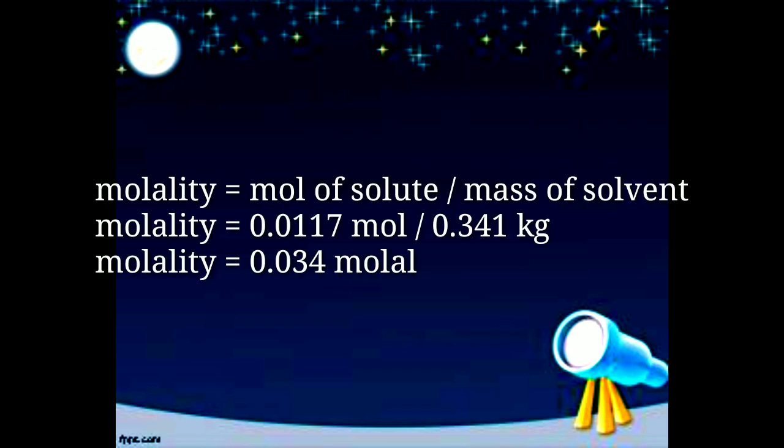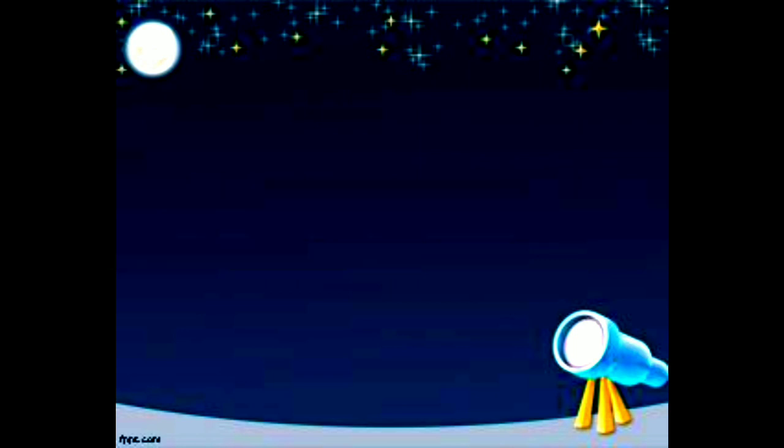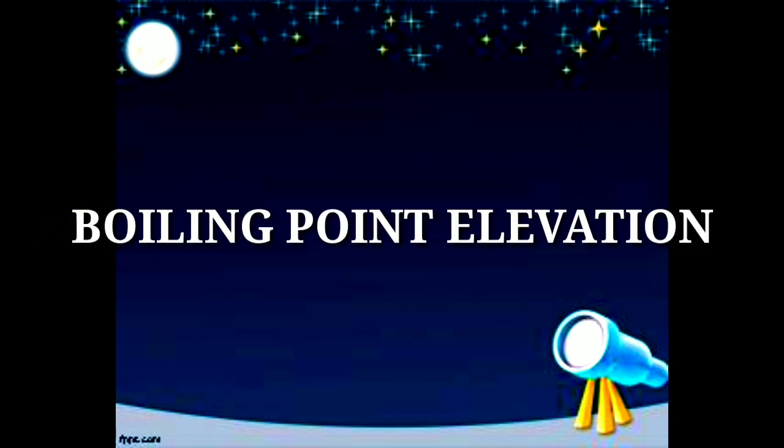Molality is equal to moles of solute over mass of solvent, which is equal to 0.0117 mole over 0.341 kilogram, which is equal to 0.034 molal. Therefore, the molality of the sugar solution is 0.034 molal.